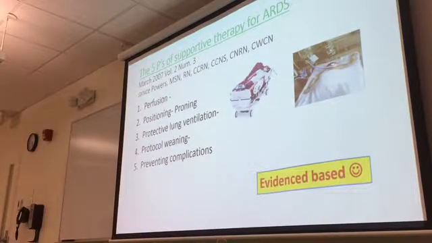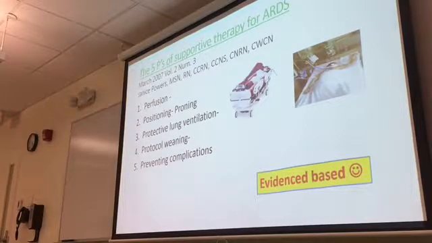One of the things, if you like alliteration and you like the 5 Ps, and you think about what kind of supportive therapy you do for ARDS, I just included this. Perfusion, because we can't get away from it. I need the blood to go by and perfuse. Positioning or proning, okay, and you see that again there. Protective lung ventilation.